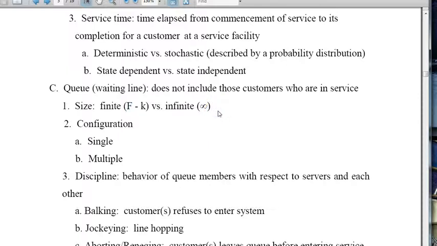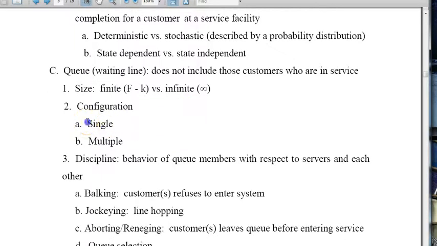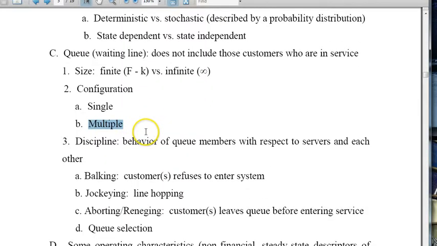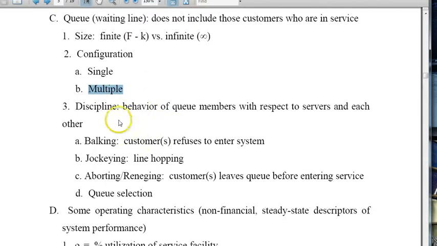That's if the waiting space is large enough that it never fills up, so we model it as infinite because it's easier that way. We can have a single queue feeding all servers as we see at a bank teller, or we can have multiple queues like we see at McDonald's or at grocery stores.